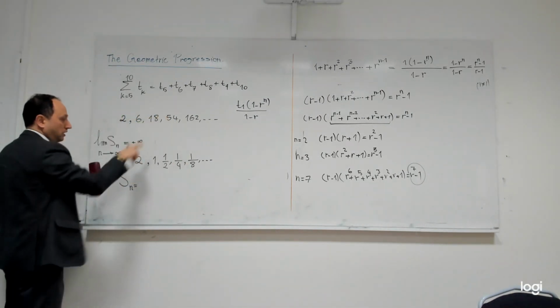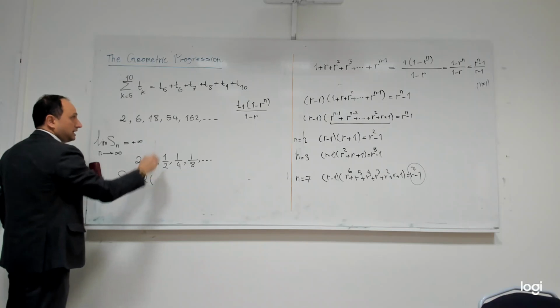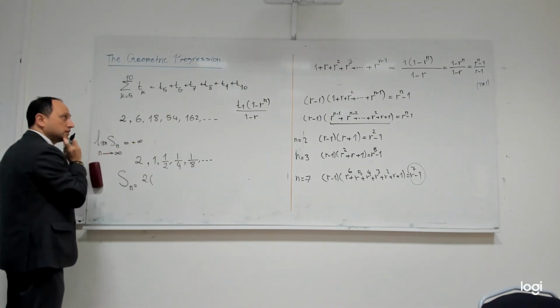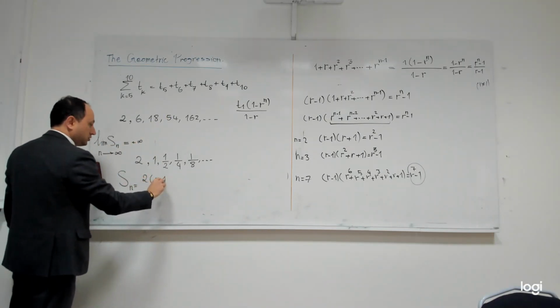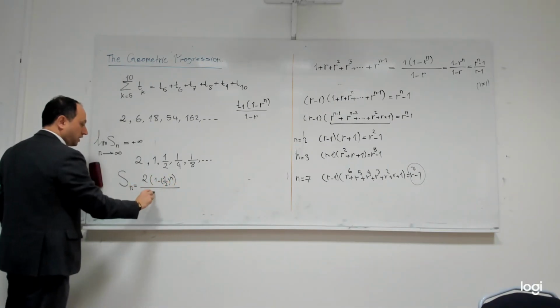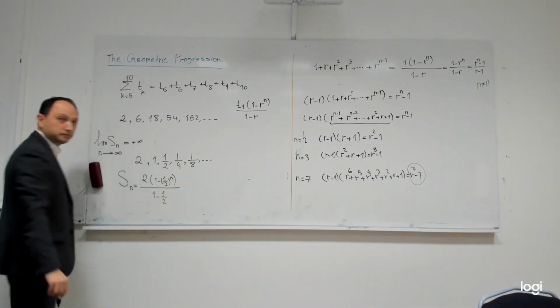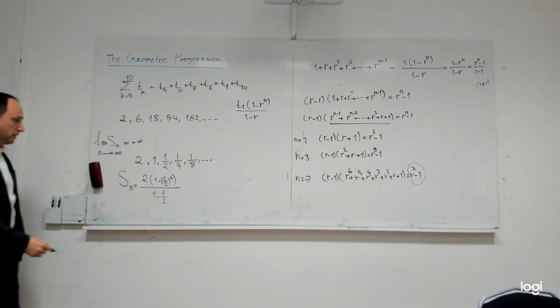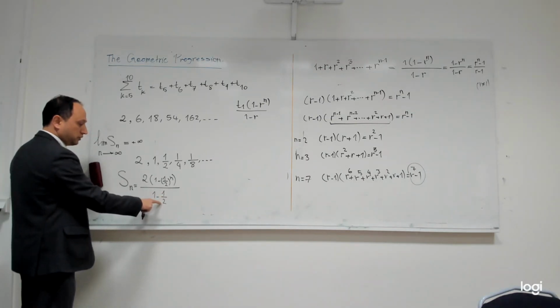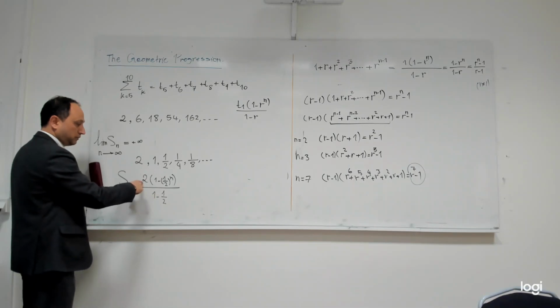Instead of T1, I put 2. Instead of R, I put 1 over 2, to the power of n. In the denominator, I write 1 minus 1 over 2. Let me simplify this a little bit. 1 minus 1 over 2 is 1 over 2, but this 2 will go here and become 4.